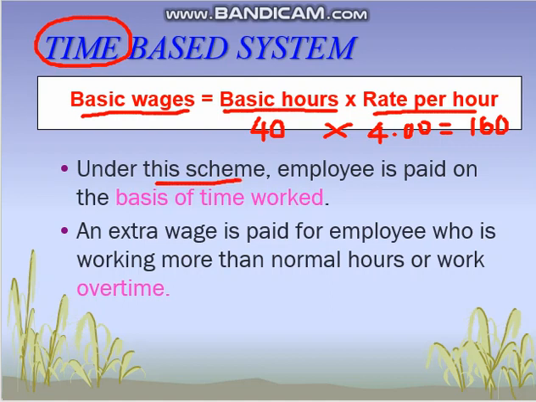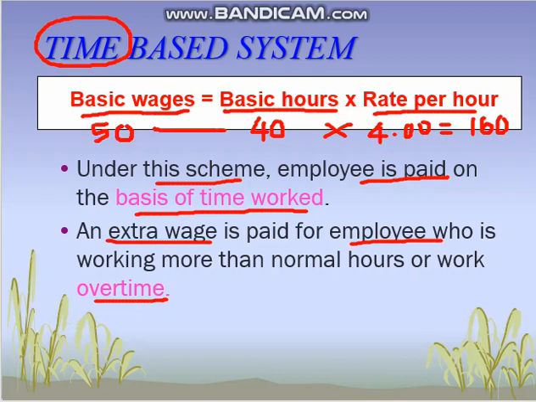So under this scheme, the employee is paid based on the hours worked, just like I said before. Extra hours for the employees, we call the overtime. Overtime I will cover later. For example, if this person worked 50 hours, the 40 hours is the basic for 1 week.